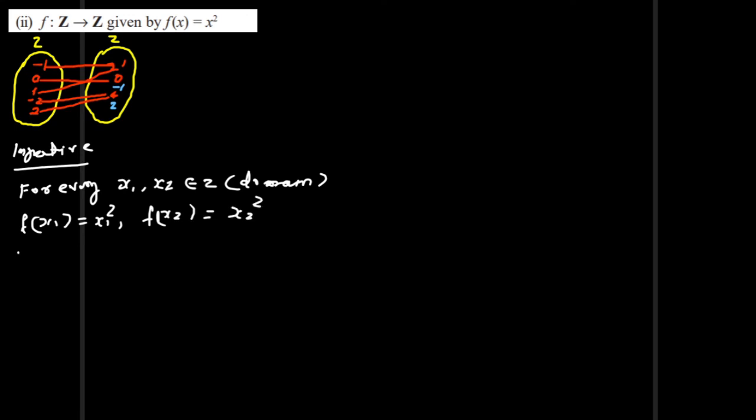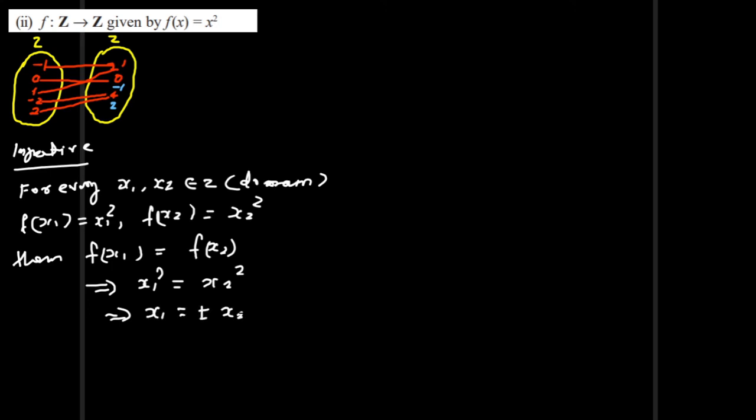Then f of x1 equal to f of x2 implies x1 square equal to x2 square. Then you take the square root.